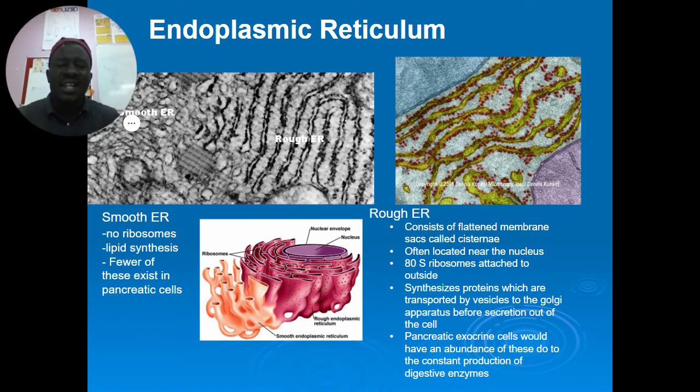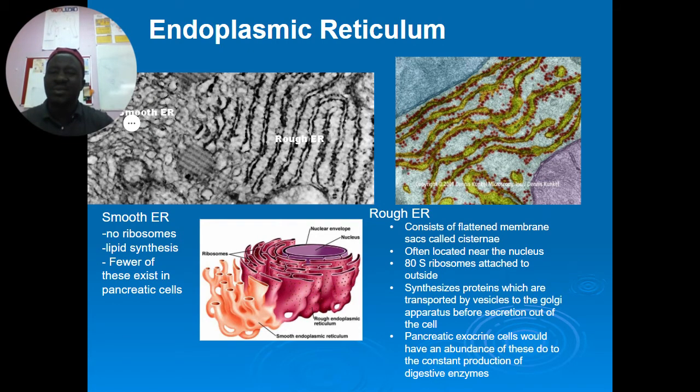So the pancreatic exocrine cells would have an abundance of these due to the constant production of digestive enzymes. So wherever you see production of enzymes, just know you have a lot of endoplasmic reticulum. Why? There is formation of proteins, modifying them into enzymes, and then producing them out as enzymes.